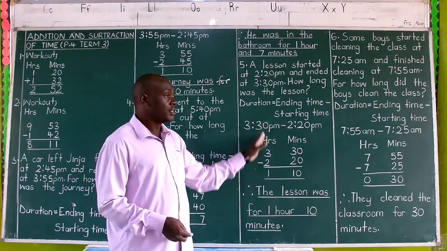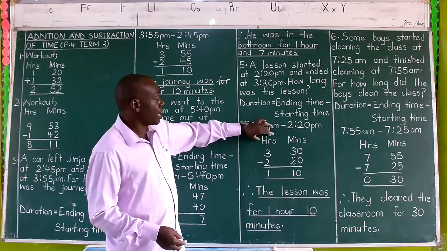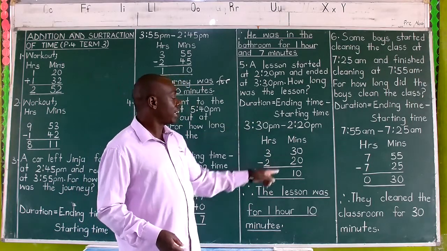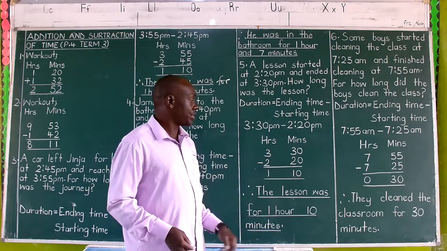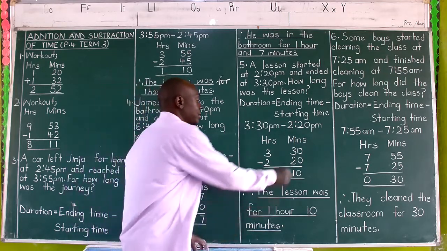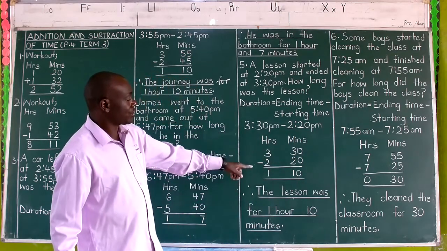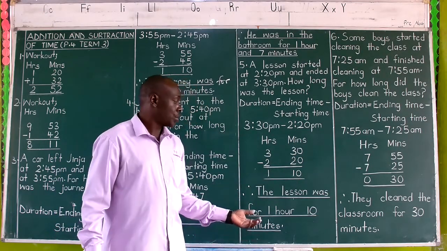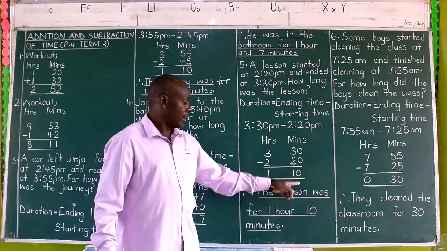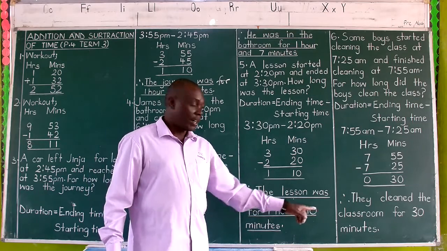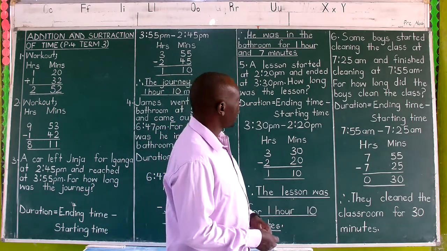So then separate them in terms of hours and minutes. That is 3 hours 30 minutes minus 2 hours 20 minutes. Do subtract now. 0 minus 0 is a 0. 3 minus 2 is a 1. Then 3 minus 2 again is 1. So the lesson took 1 hour and 10 minutes. So the lesson was for 1 hour and 10 minutes.